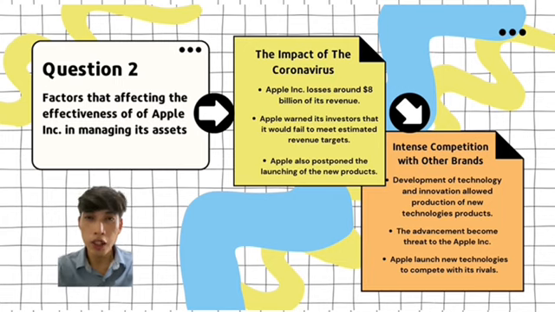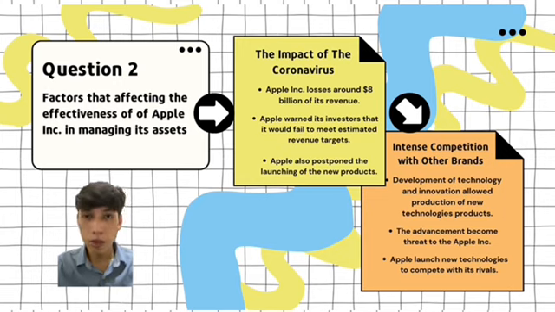The development of technology and innovation throughout the century gave a huge opportunity to other brands to come out with the latest products, with the latest technologies, in order to meet customer demands. This advancement of technologies unfortunately became a threat from rivals towards Apple.